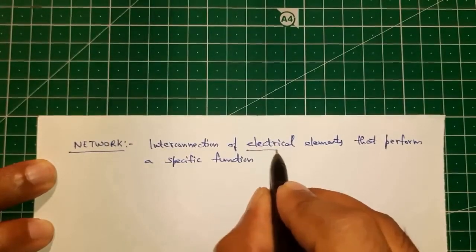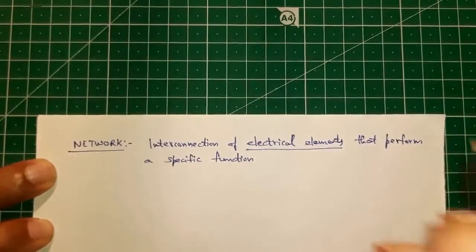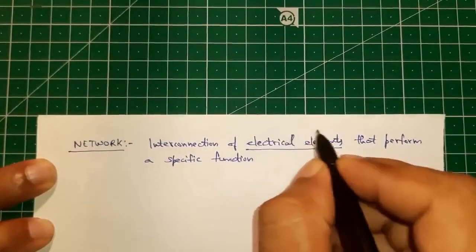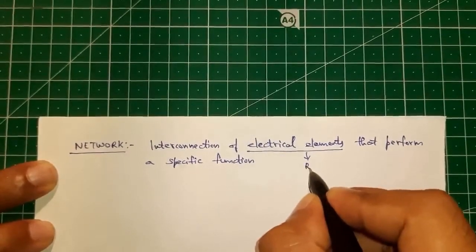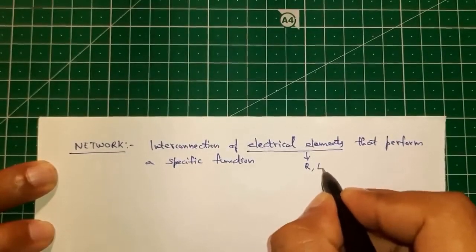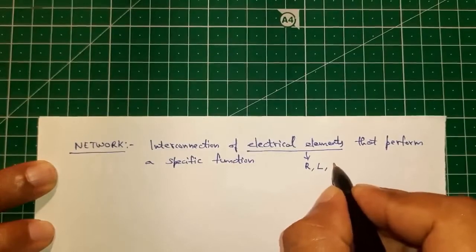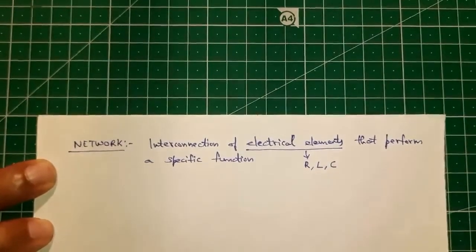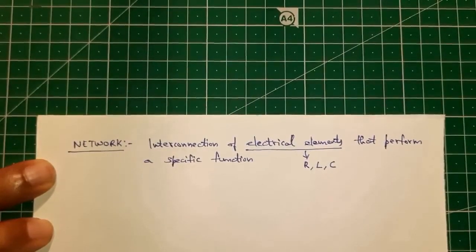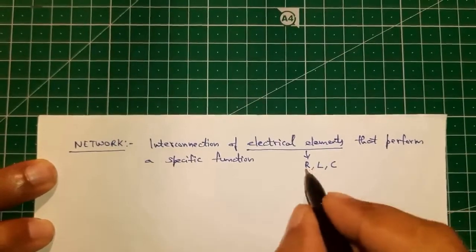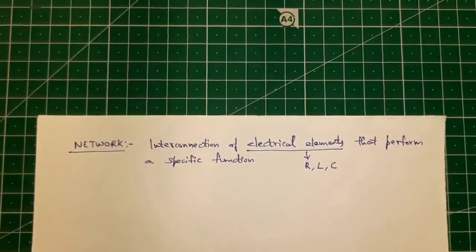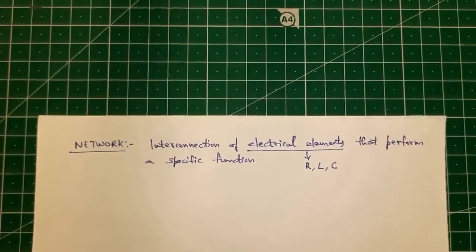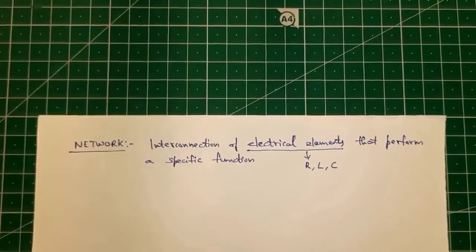So what are these electrical elements? Examples are resistors, inductors, and capacitors. Some of the electrical elements that we know, passive elements. We can also have certain active elements also, like semiconductor devices.